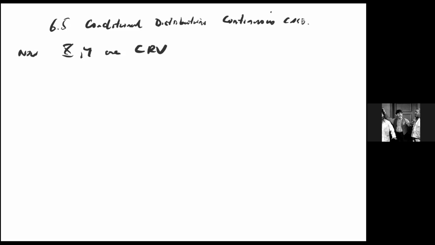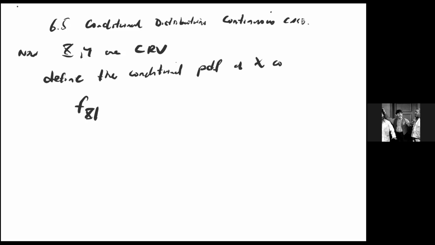And let's define now the conditional PMF. This is a probability mass function for the X variable. So it's going to be given by, and it's not a PMF, it's a PDF because we're in the continuous case. The conditional PDF of X conditioned to Y.